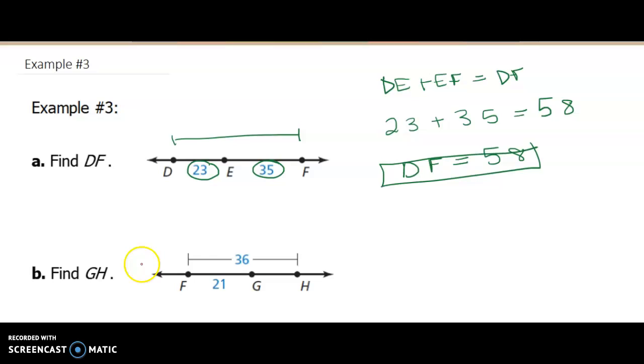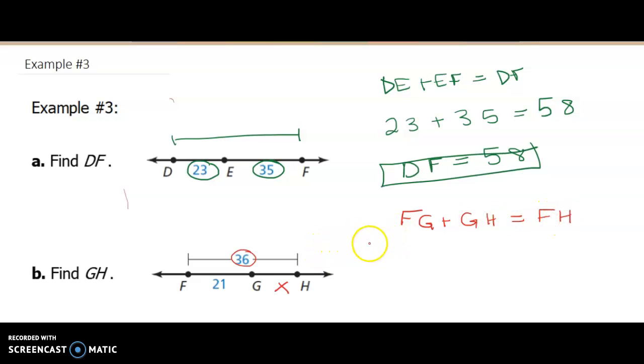Let's do one more example, same but different. Now, down here, this is a little more difficult because we can't just add these together. As you can see, 36 is for the whole thing. This is the part we don't know. So just like in algebra, I'm going to have this as x. If I were to write this out as a segment addition, once again, you don't have to do this, I would say FG plus GH equals FH, right?